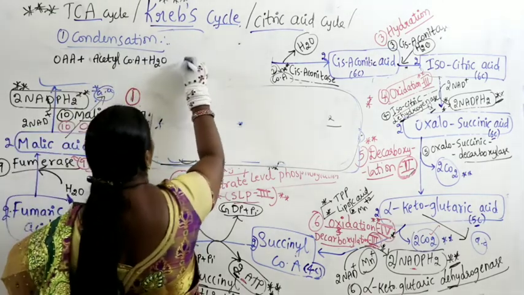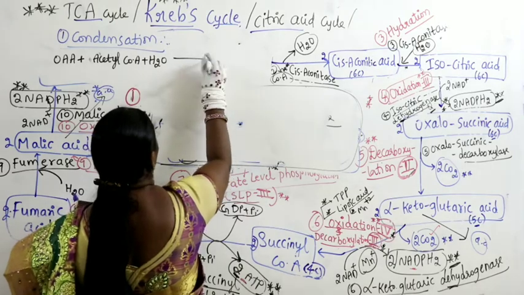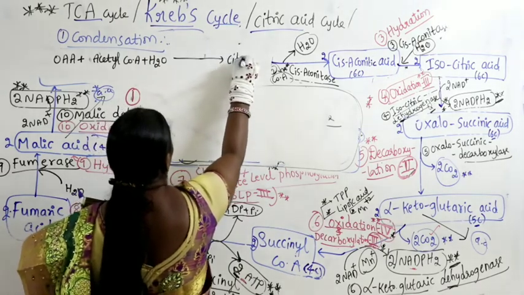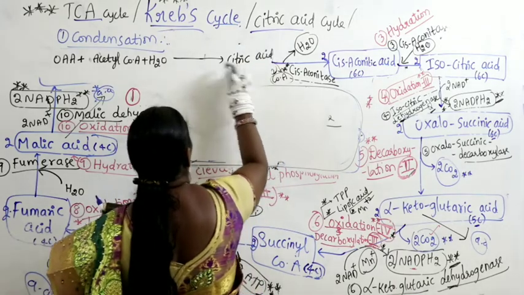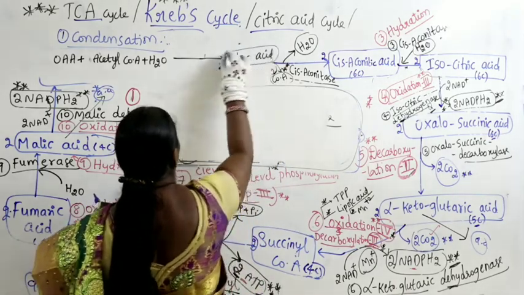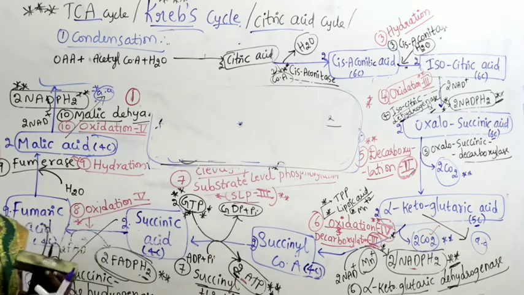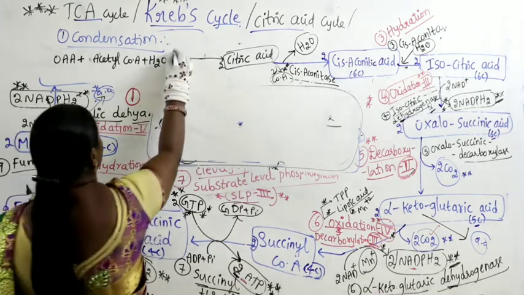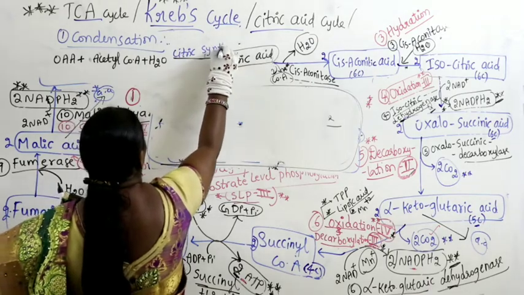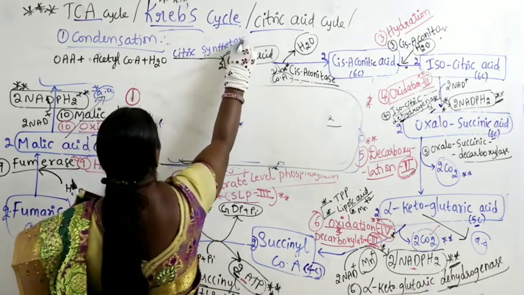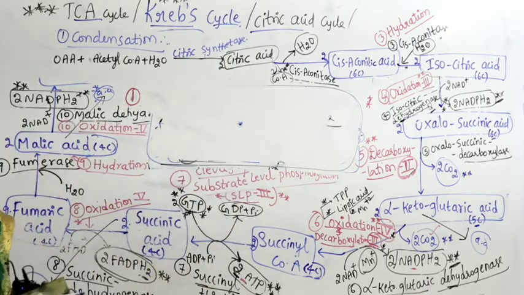What is produced here? Citric acid, 2 molecules of citric acid. What is the name of the enzyme here? The enzyme is citrate synthetase.